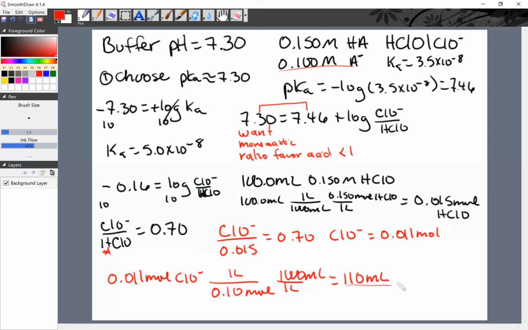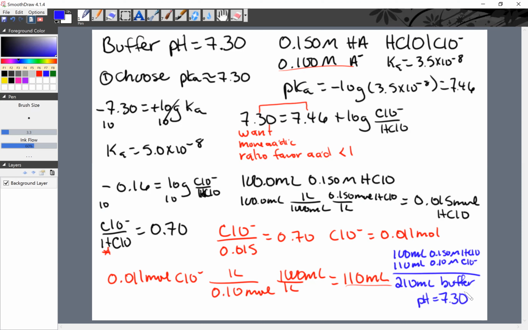So I'm going to add together 100 mils of my 0.150 molar hypochlorous acid and 110 mils of my 0.10 molar sodium hypochlorite, and I'm going to end up with 210 milliliters. I'm not giving you a concentration because I'd have to dilute those, but I do get 210 milliliters of a buffer at pH 7.30. That is how I have created my buffer.